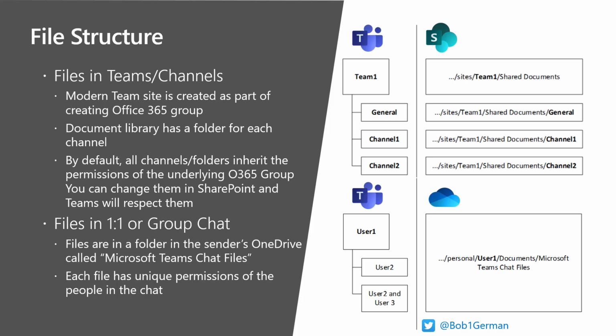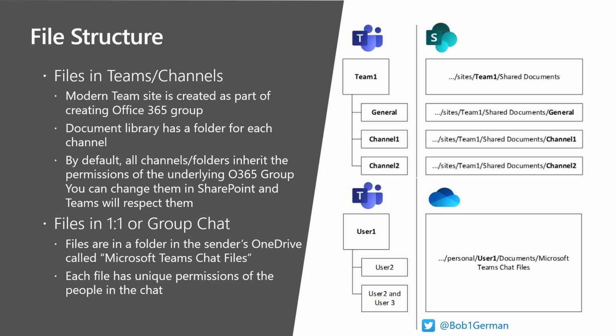If you are in a one-on-one chat or a group conversation, then any files that you share are going to be in the sender's OneDrive site in a special folder called Microsoft Teams Chat Files. And the permissions will be updated to include everybody in that chat.